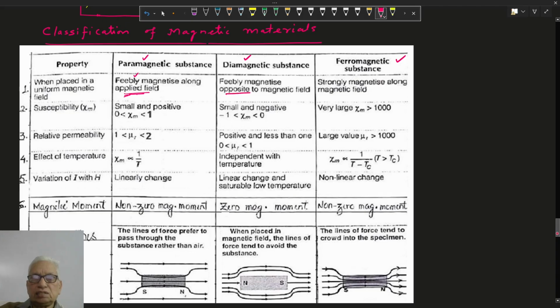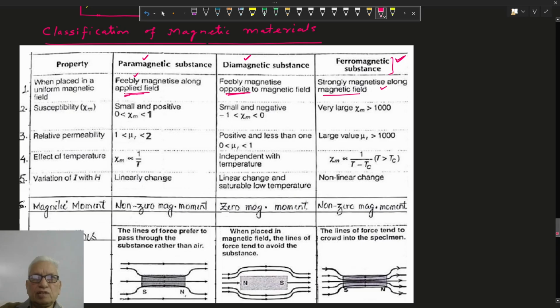But in diamagnetic material there is opposition, and ferromagnetic material is strongly magnetized along the magnetic field direction. These are the properties of paramagnetic material; if we enhance all the properties to a very large amount, they become the properties of ferromagnetic material.